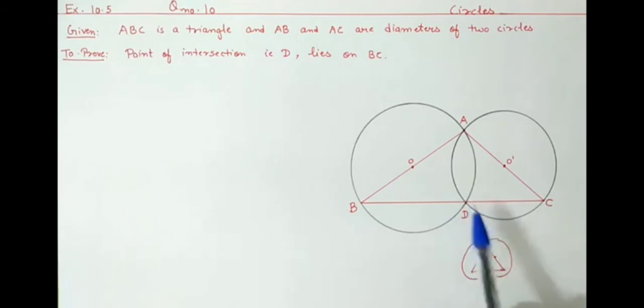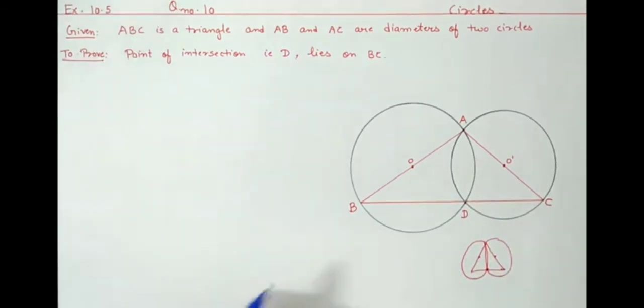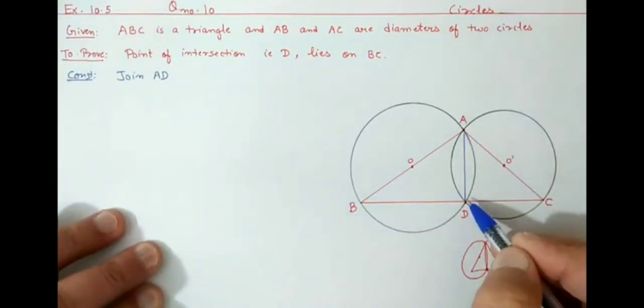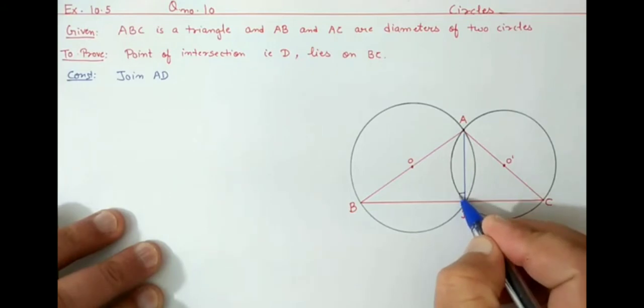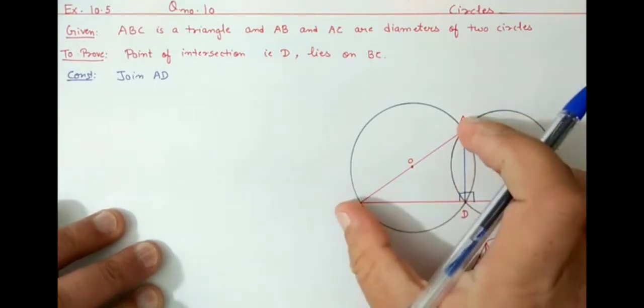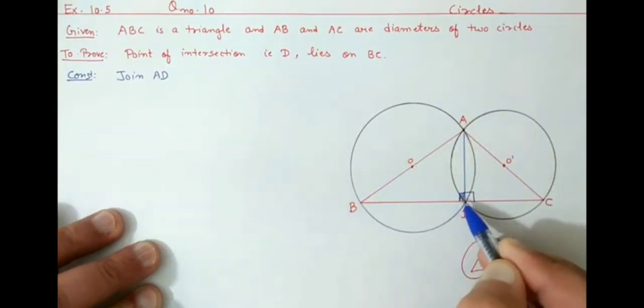Now to prove this, we have to join the line segment AD. So as shown in the figure, join AD. Now because of AD, angle ADB is formed and angle ADC is formed. AB is the diameter and this is the semicircle.